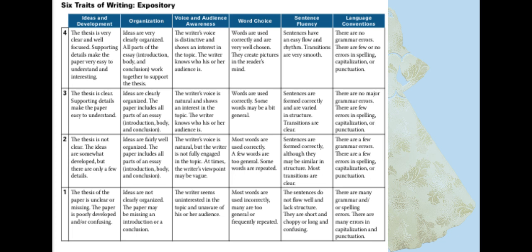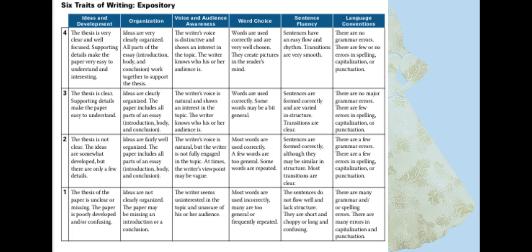You will probably want to keep these in mind as you draft your essays. The thesis is very clear and well-focused. Supporting details make the paper very easy to understand and interesting. Ideas are very clearly organized. All parts of the essay, introduction, body, and conclusion, work together to support the thesis.